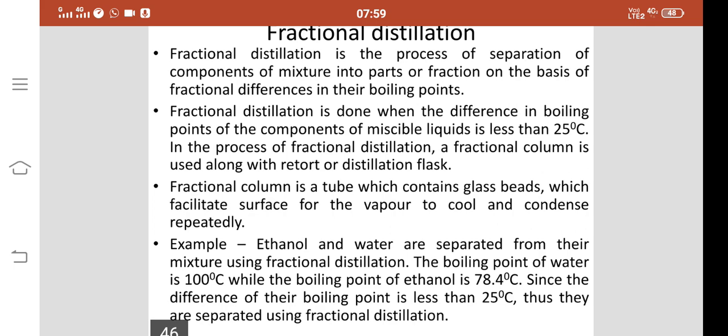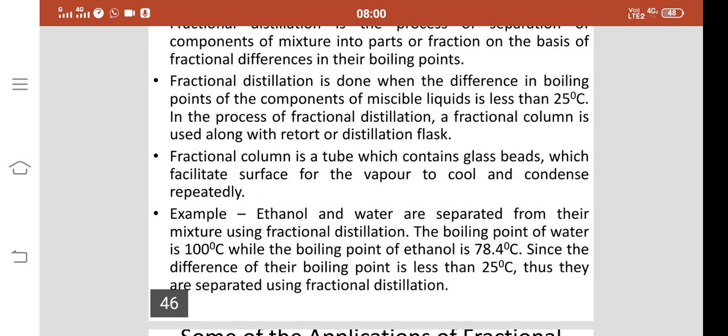The boiling point of water is 100 degrees centigrade, while the boiling point of ethanol is 78.4 degrees centigrade. Since the difference of the boiling points is less than 25 degrees centigrade, they are separated using the fractional distillation process.